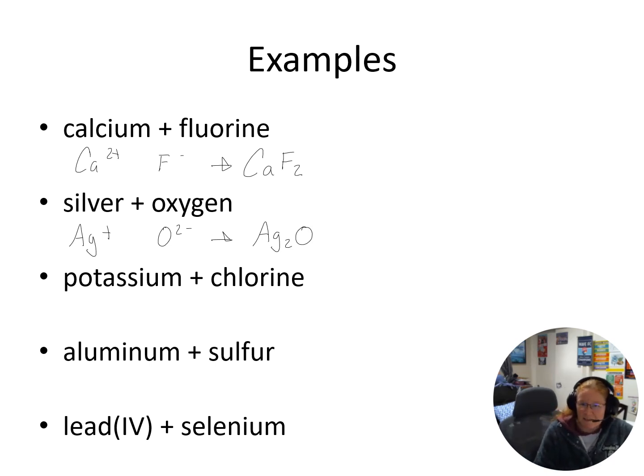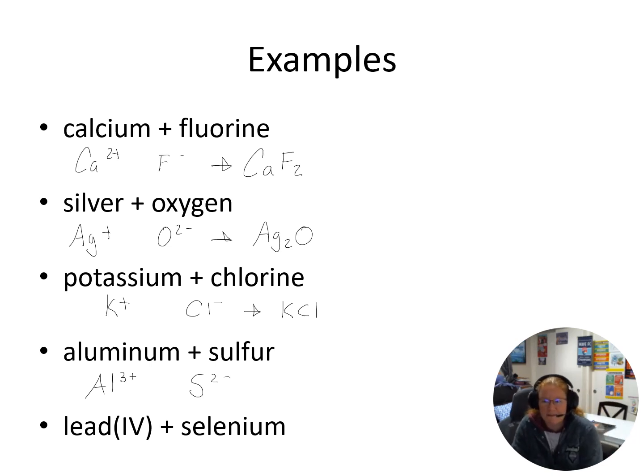Okay, potassium and chlorine. So potassium's group 1A, chlorine group 7A. This one's easy, it's a 1-to-1. We get potassium chloride there. Okay, aluminum and sulfur. So if I think about this, I have a +3 and a -2.